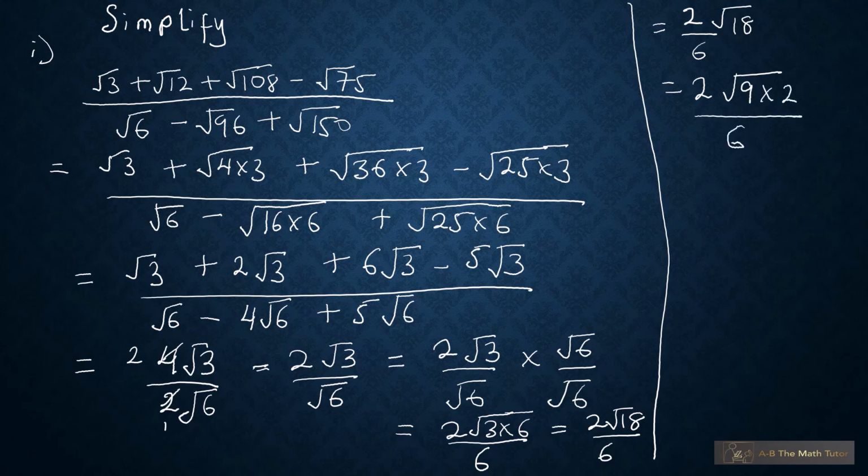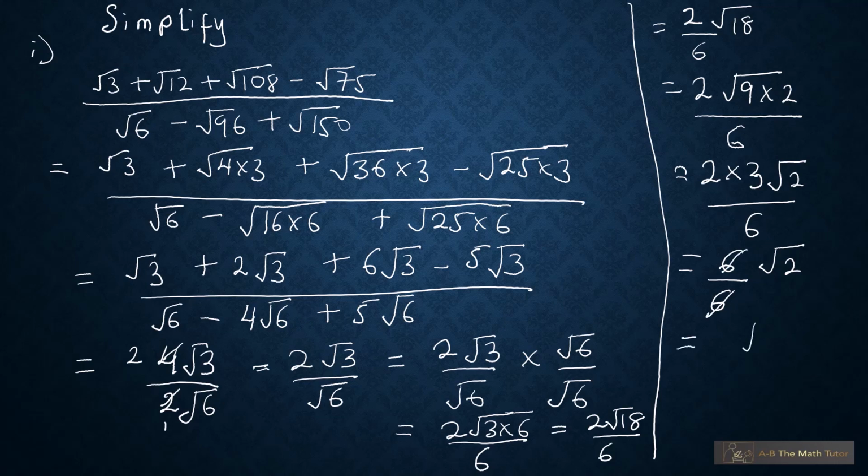Now this will yield 2 times 3, since 3 is the square root of 9, then root 2 all over 6. 2 times 3 is 6 over 6, root 2. And 6 will cancel the 6 in the numerator. And so our final answer is root 2.